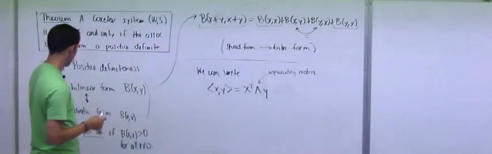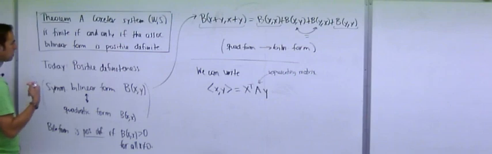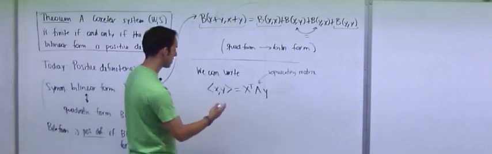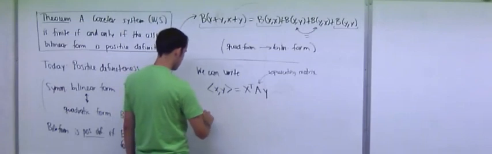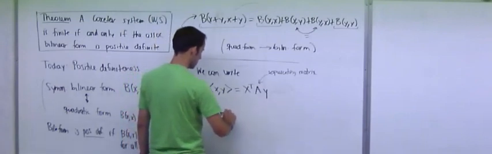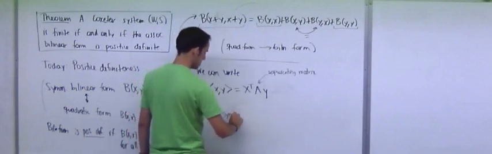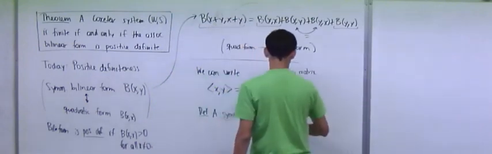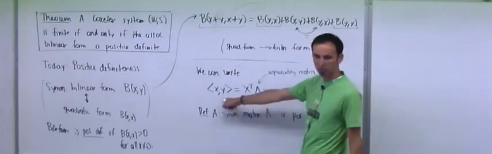Now, maybe what I'd like to do is make this very concrete today. So I would actually like to show you an example of a positive definite form. Okay. What do these things look like when I think about them in this way? Now, let me just make a definition that a symmetric matrix A is positive definite basically if this associated bilinear form is positive definite.